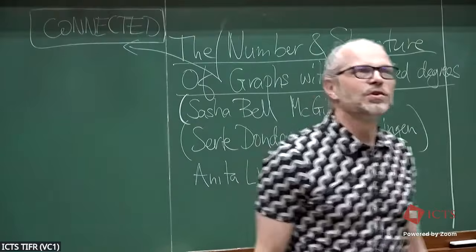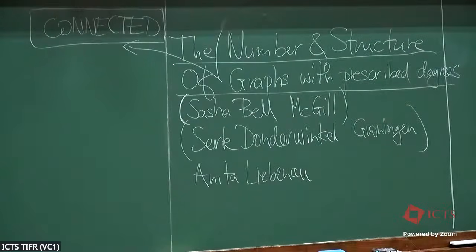In some regimes, almost all of these graphs are connected, and we'll specifically focus on the regime where they're not usually connected. Then we'll see that there is an exponential penalty for being connected, and we'll give a precise characterization of that exponential penalty, and also an interpretation of where it comes from. That's the plan.